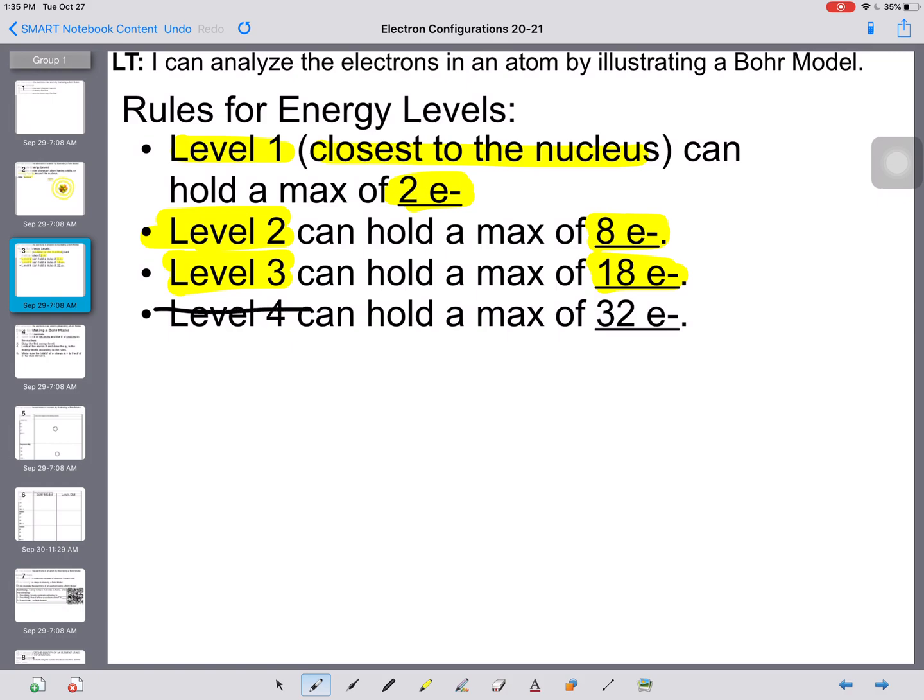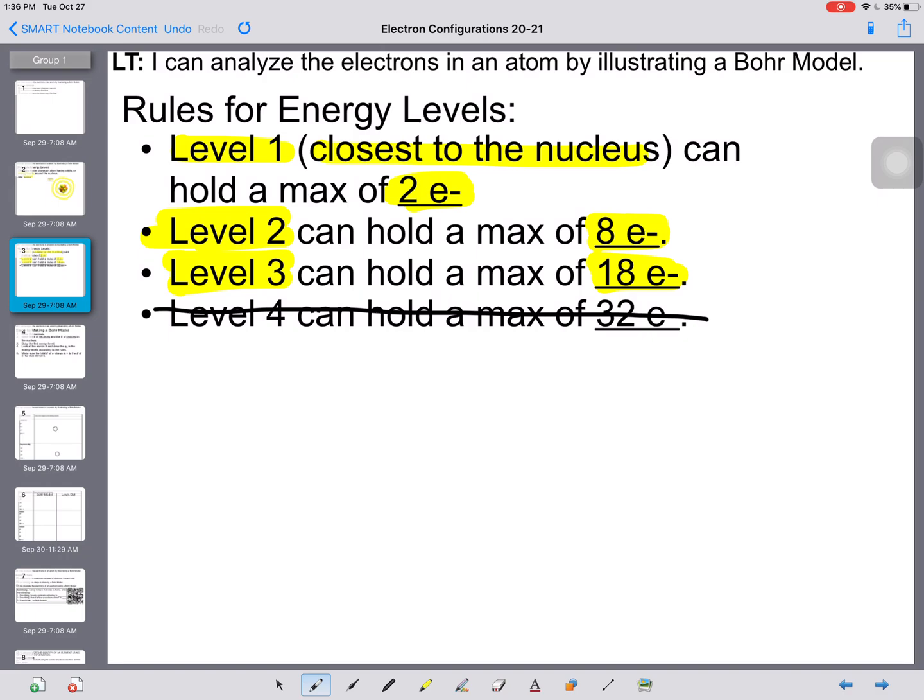We're not concerned with shell 4 right now because we're not going to be illustrating Bohr models or identifying Bohr models for very large atoms. So we're only going to be concerned with levels 1, 2, and 3. So level 1 can hold a max of 2 electrons, level 2 can hold a maximum of 8 electrons, and level 3 can hold a max of 18 electrons.